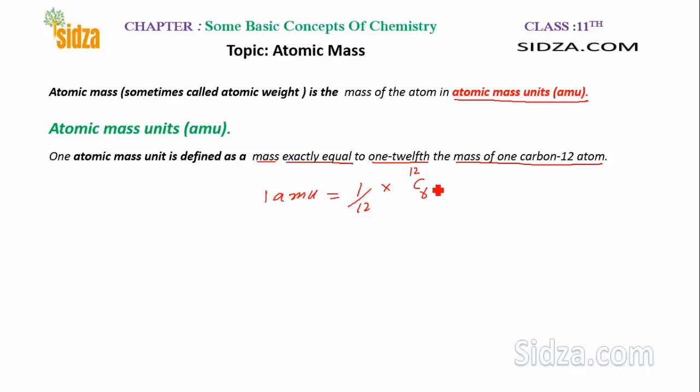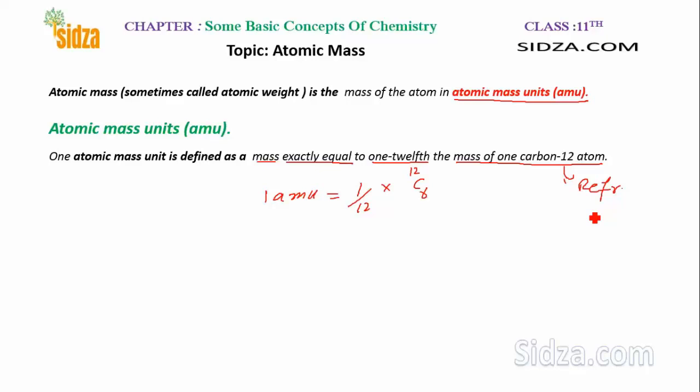So the carbon 12 isotope is taken as a reference here, right? And we express the weights of other substances with respect to this reference point. So 1/12 the mass of the carbon 12 isotope is 1 unit, 1 AMU.